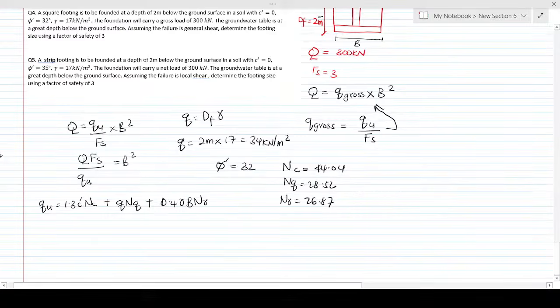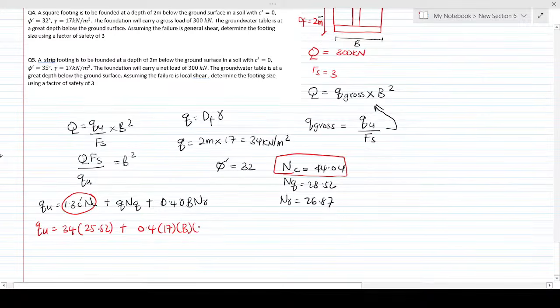It means that this whole term will go to zero, so it is not needed in the equation. So I can say that my QU is equal to Q, which is 34, multiplying NQ, which is 25.52, plus 0.4 multiplying gamma, which is 17, multiplying B, which I don't know, multiplying N gamma, which is 26.87.